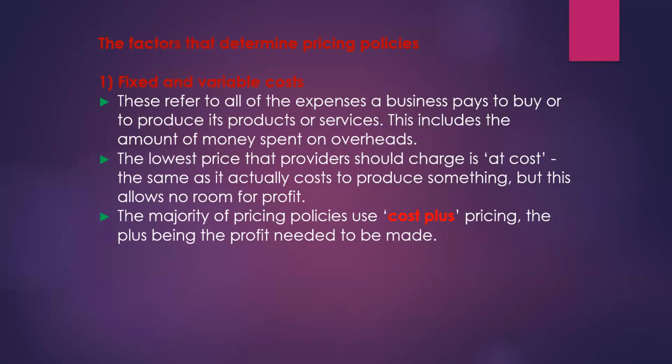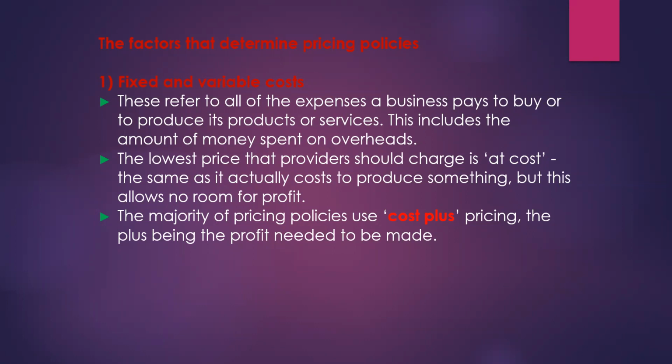Now understand more. Now, regarding the factors that determine pricing policies. Number one, fixed and variable costs. These refer to all of the expenses a business pays to buy or to produce its products or services. Okay?